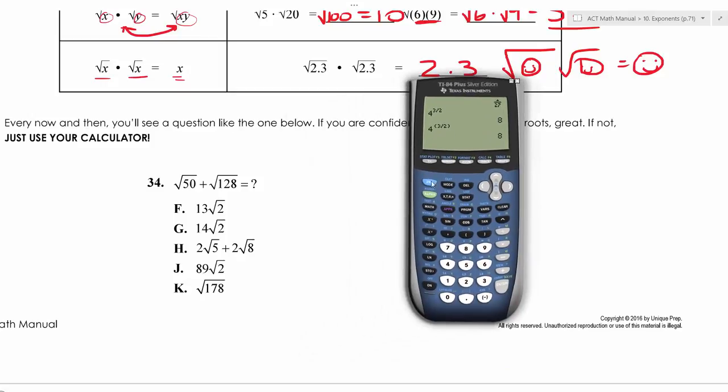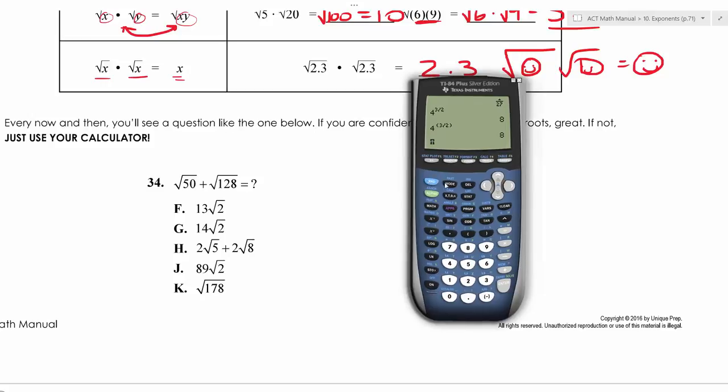You can simply go into your calculator and do square root of 50. Make sure you get out of the square root, add to it square root of 128, and hit enter.